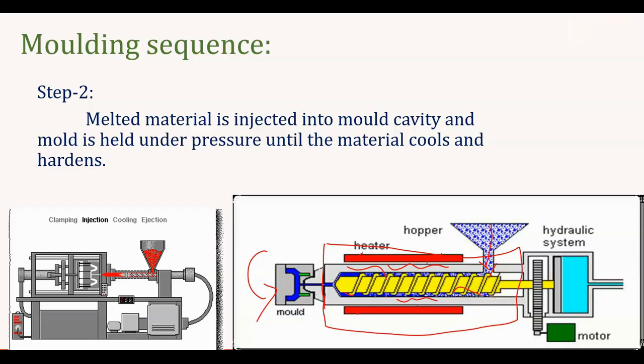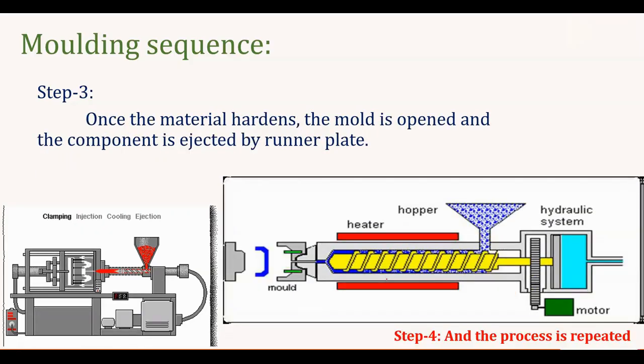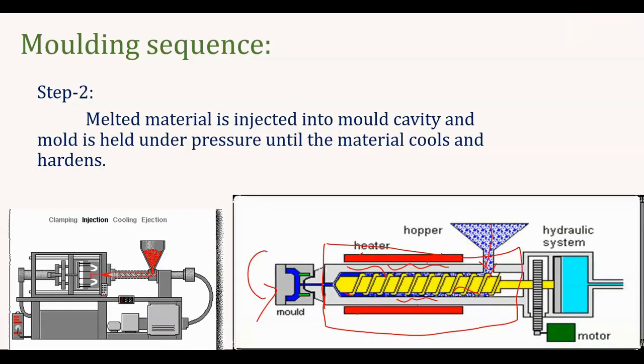Then, due to this screwing action, the material will be moved forward, because we are giving some reciprocating action. The barrel has a circular cross section. It moves the molten material forward, and it is injected into the die through this nozzle, right?